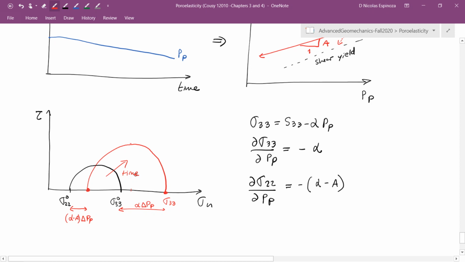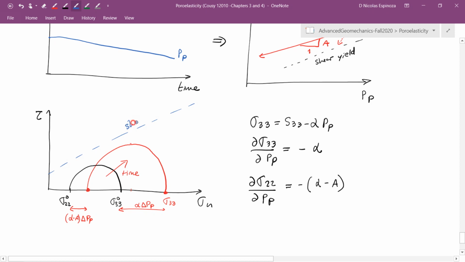And let's now add to these plots a component of shear failure. Let's say that I have a shear failure in my material which is, let me do it somewhere over here.